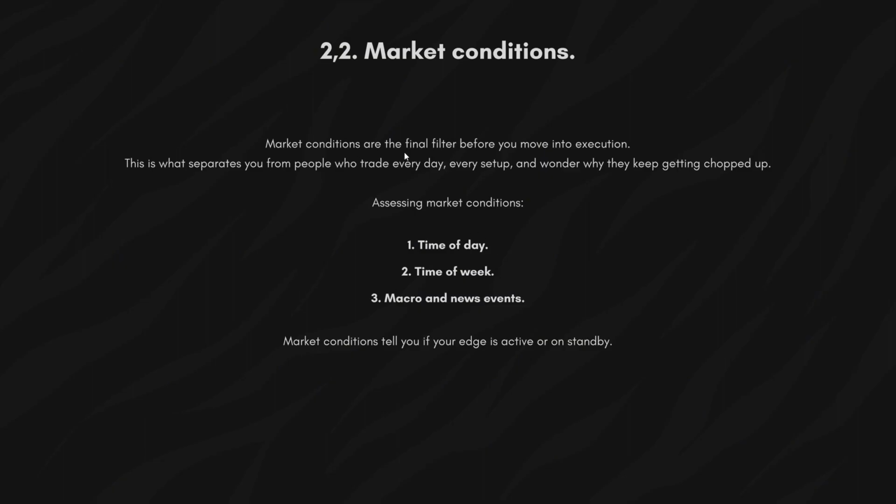Assessing the market conditions and waiting for the correct ones isn't about being scared, it's about being smart, because market conditions tell you whether your technical edge is active or not. So don't skip this part, and understand that it's what keeps you from forcing setups in the wrong environment. This one is also a really important one.